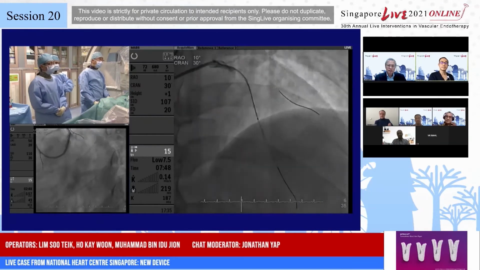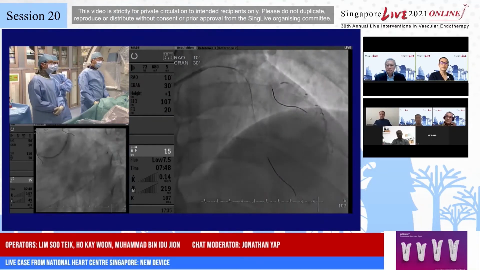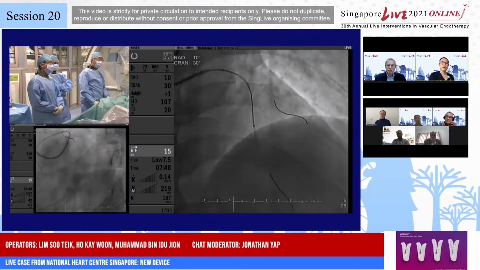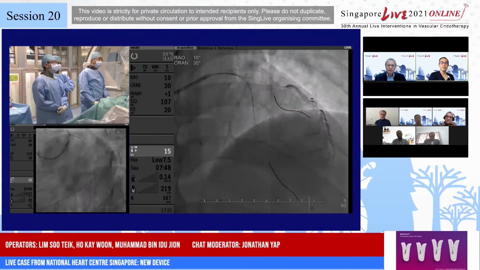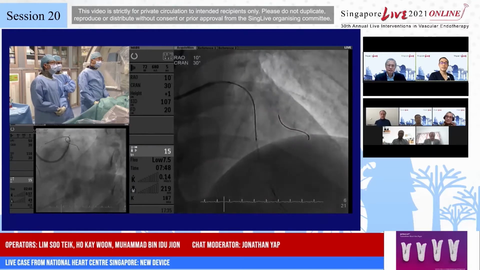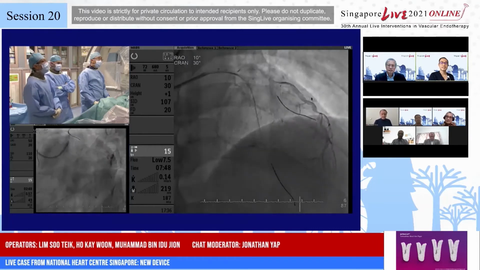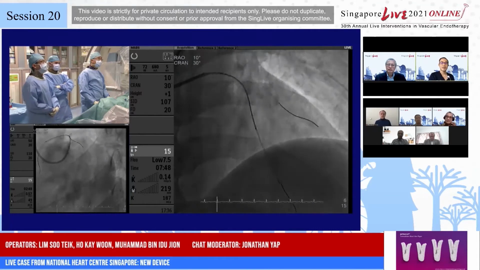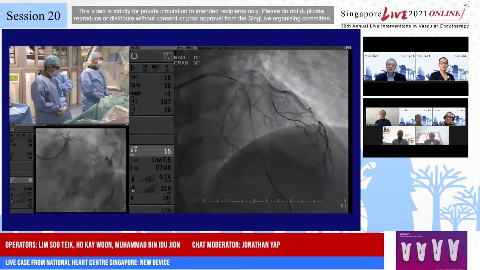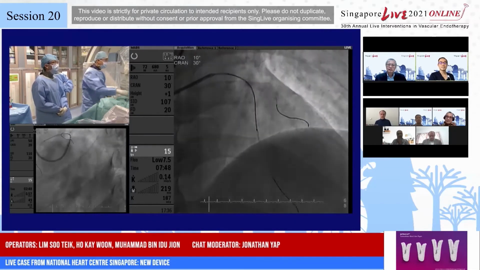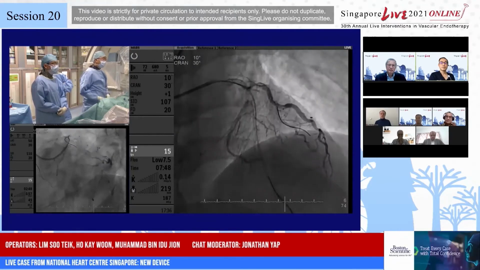I think maybe using physiology may help in deciding where you have the highest gradient, and that might help you limit the number of stents used. I just attended your session on iFR, and I'm not sure whether this might be a situation where that would be useful in guiding focal spot stenting.